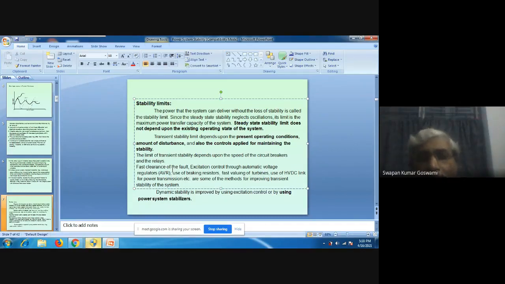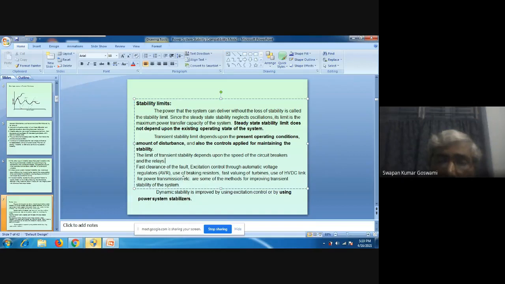And this change in the field current, that means controlling of field current, also has some impact on the ability of the generator to restore synchronism. So it will depend upon this also. Use of braking resistors. These are some methods for improving the stability: braking resistor, fast valving, and use of HVDC links.